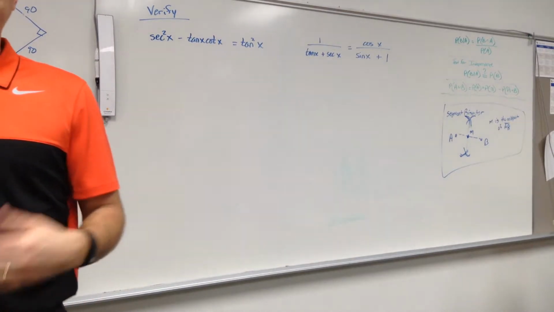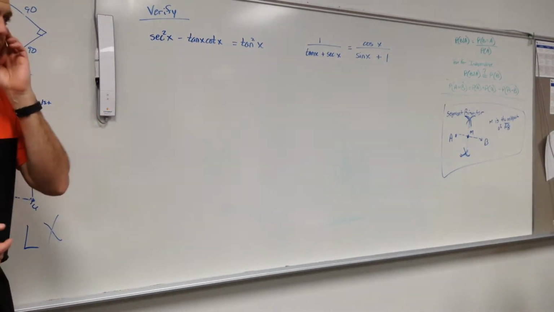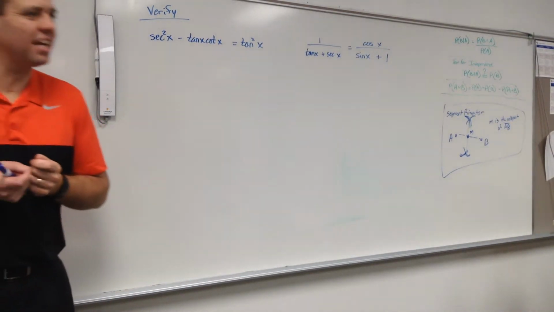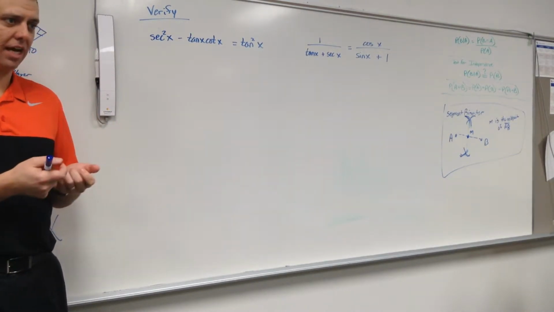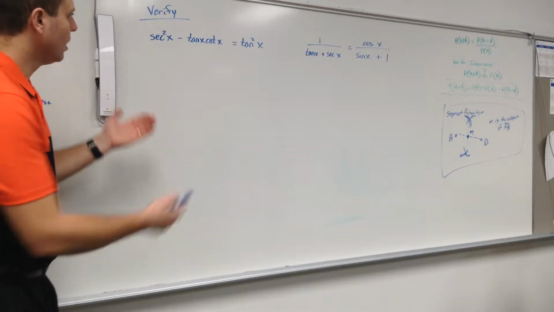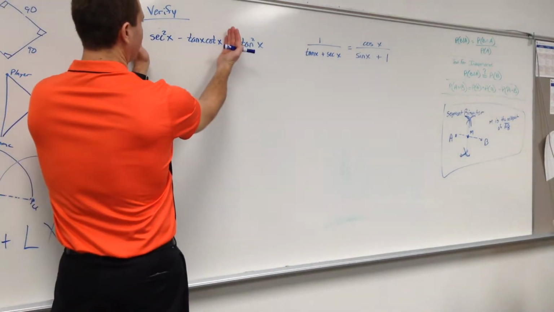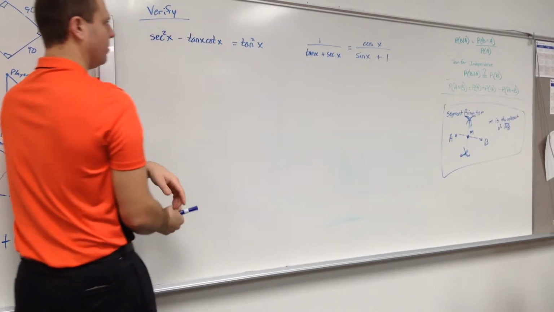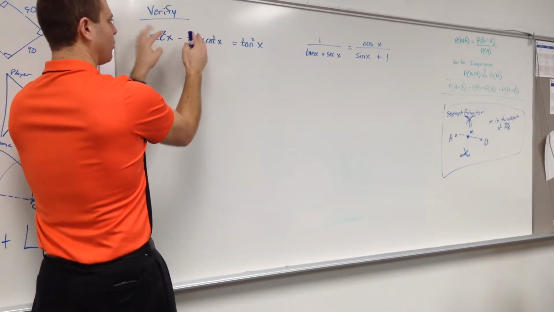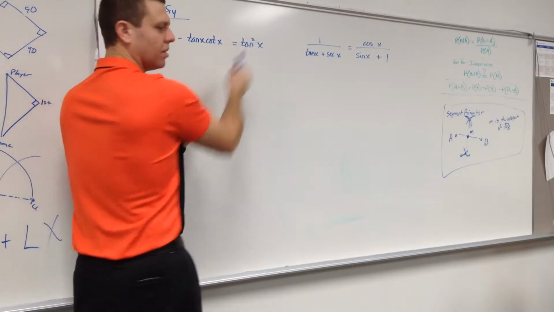Here are my suggestions when you're doing these. Take the more complicated side, work with that one, and try to turn it into the simple side. So on this one, this side to me is more complicated because it has 2 terms. Here's a term, here's a term. So I'd work with this side and try to make it equal to this side.